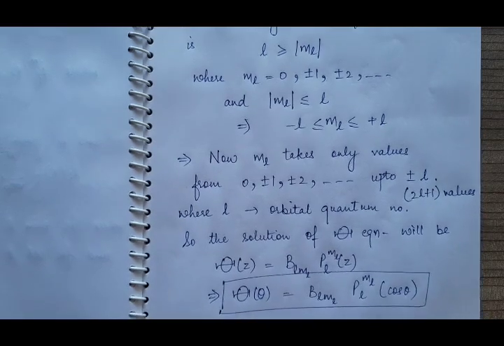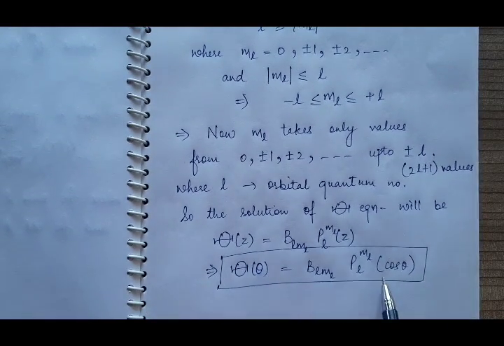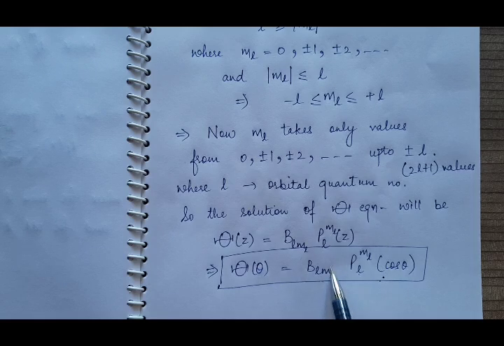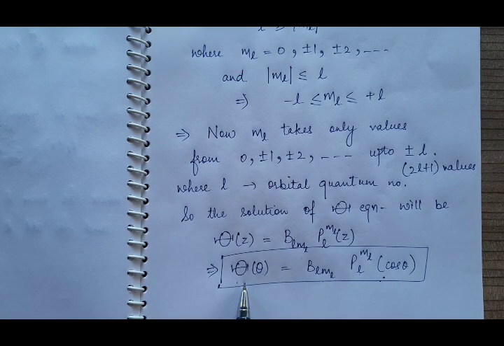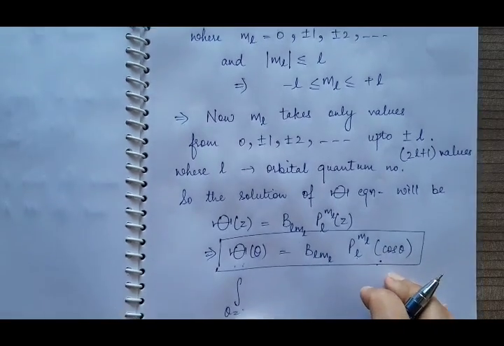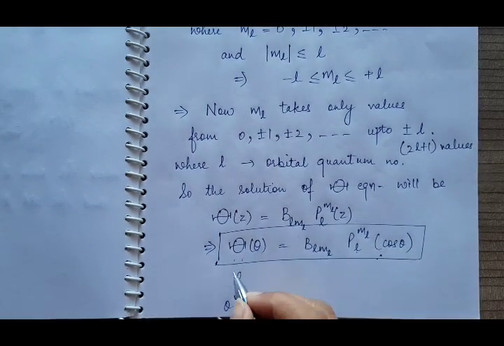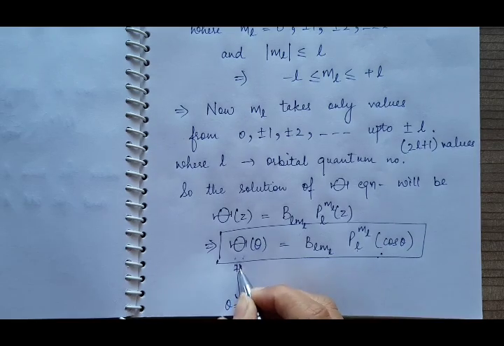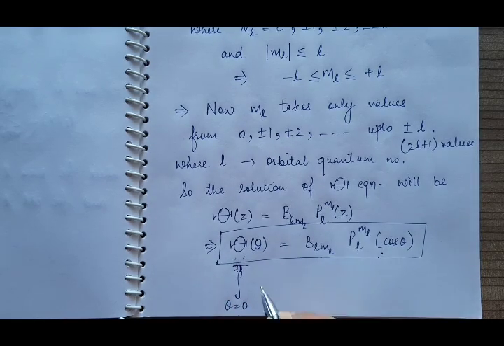This is the solution of the theta equation, where this is the associated Legendre polynomial for given values of L and M_L. To find its constant, you can normalize this equation. We know that theta is the zenith angle, and in the spherical polar coordinate system it varies from 0 to pi. So what will be the normalization condition?